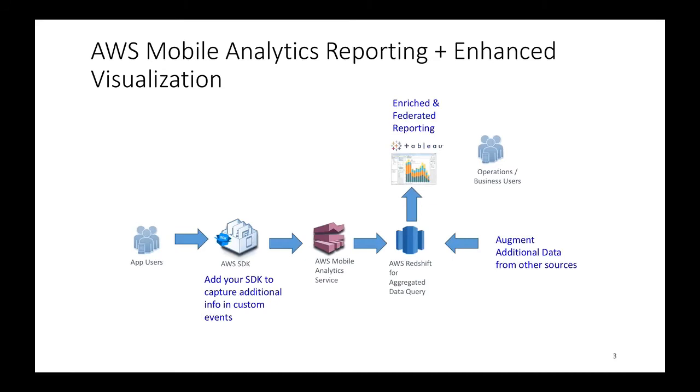You can correlate your data from multiple sources, and then that data can be visualized. This is the third enhancement point, by more enriched and federated reporting. In this case, I have used a good tool, which is Tableau, to generate this kind of nice looking reports. So these are three major extension areas.